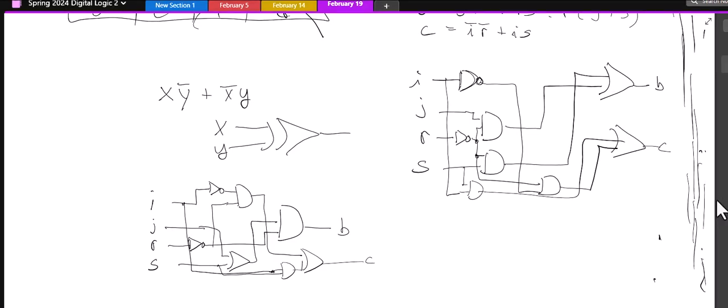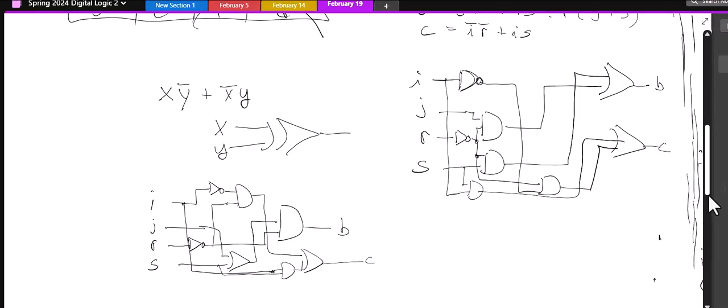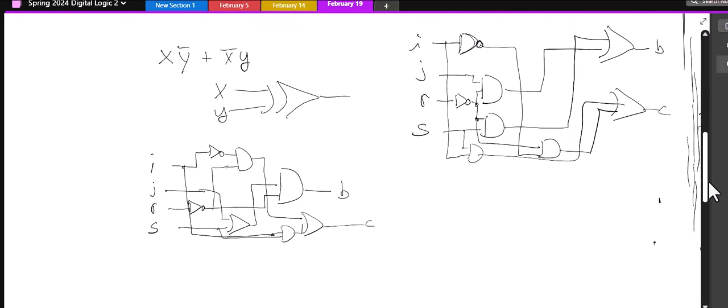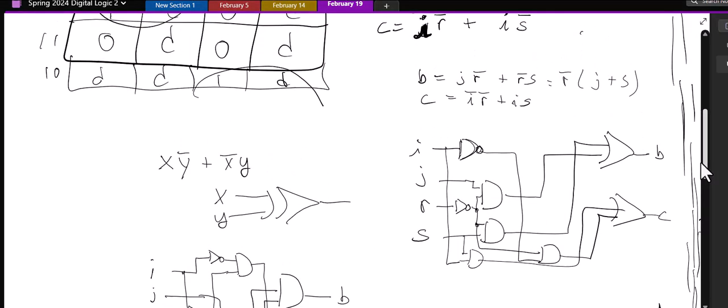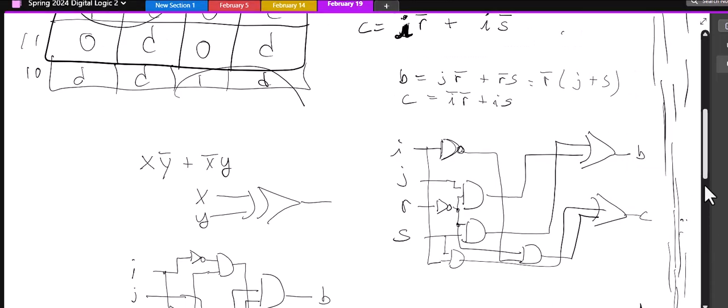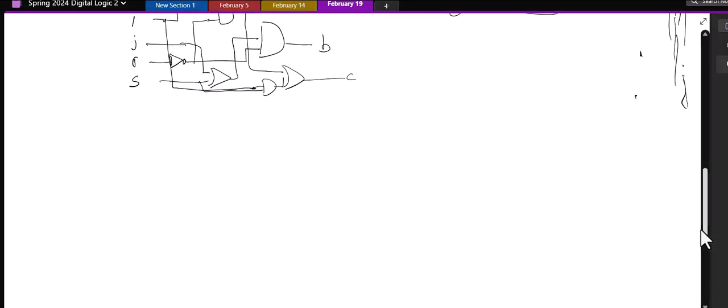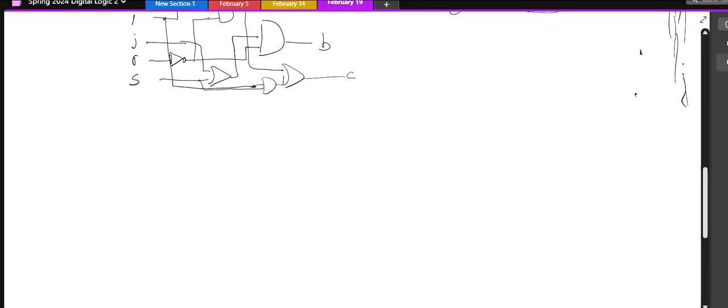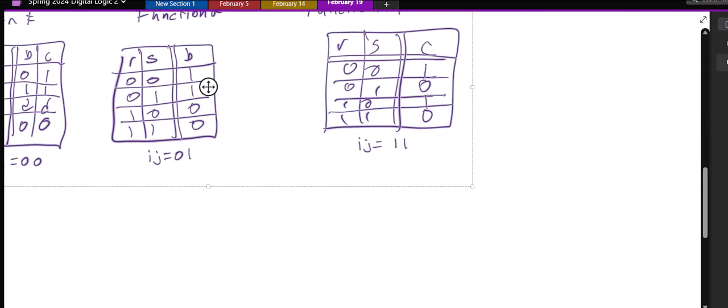So you can see it better. Let's make sure we do it right.